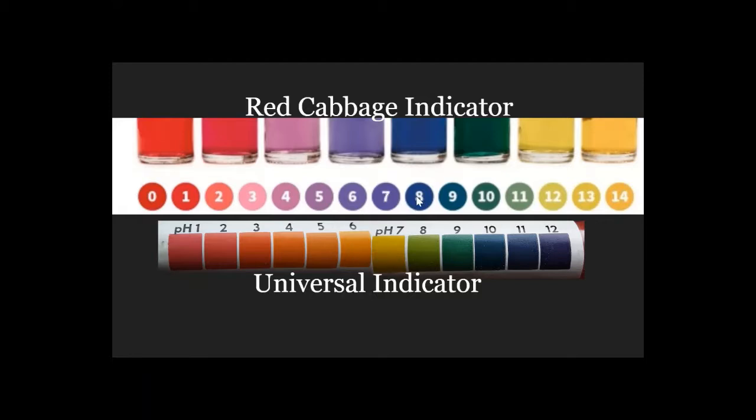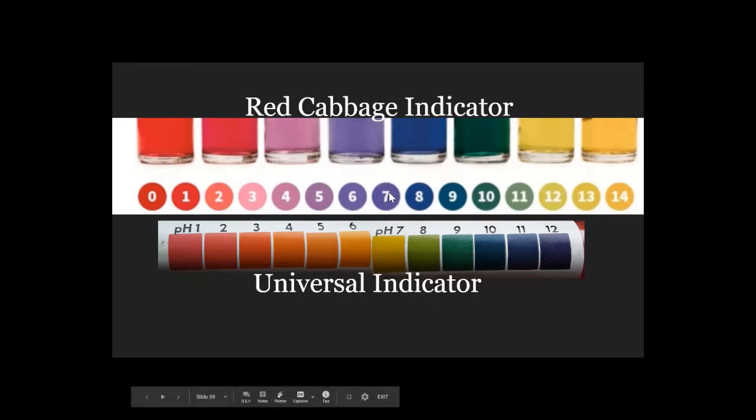And then they get bluer and bluer and greener, and once we get to the strong bases, they are yellow and orange. So a moderately strong base is green, and then we go from blue to purple, which is the neutral.